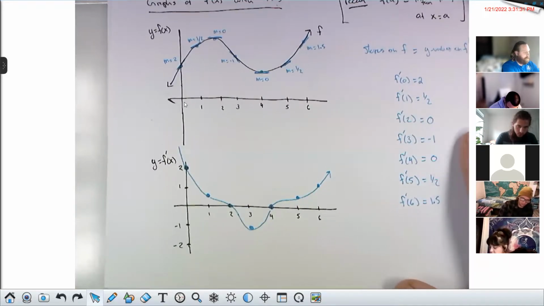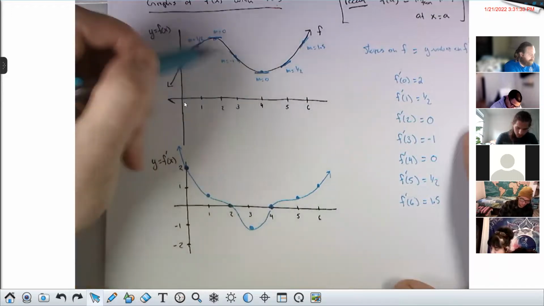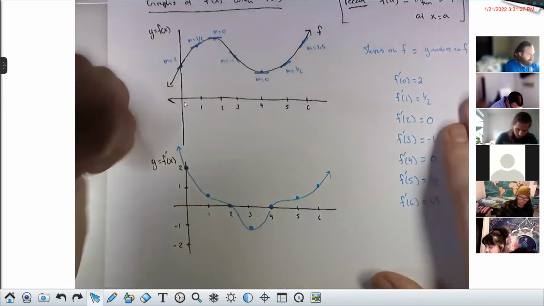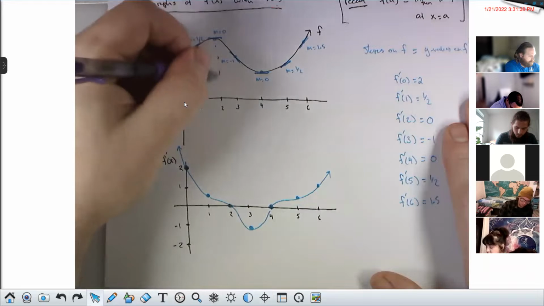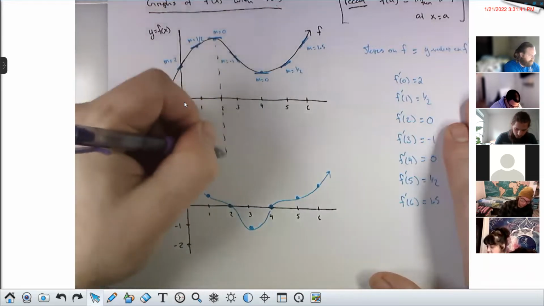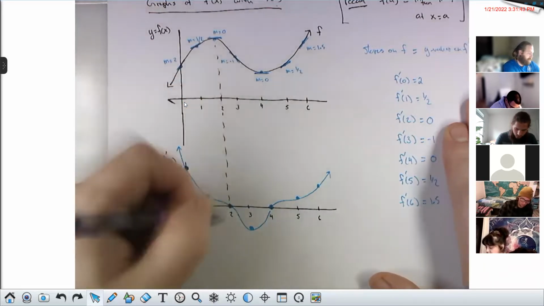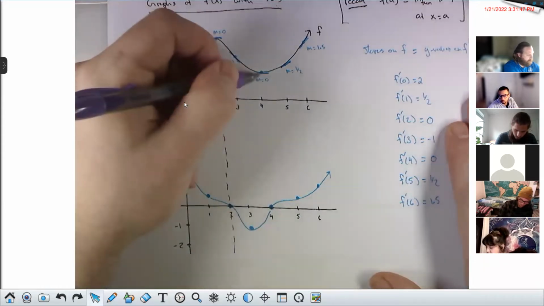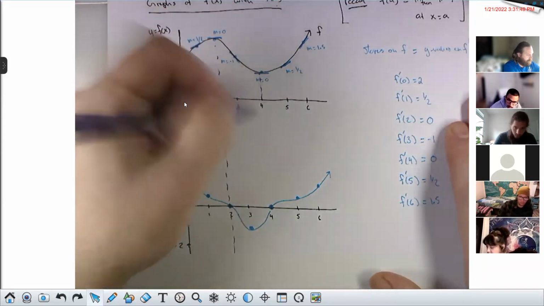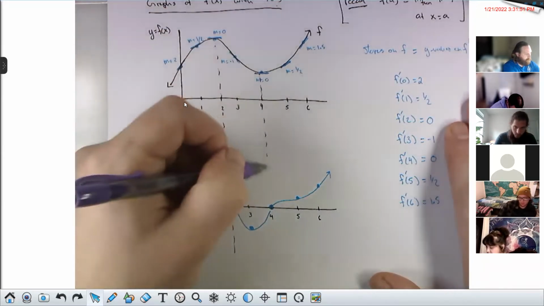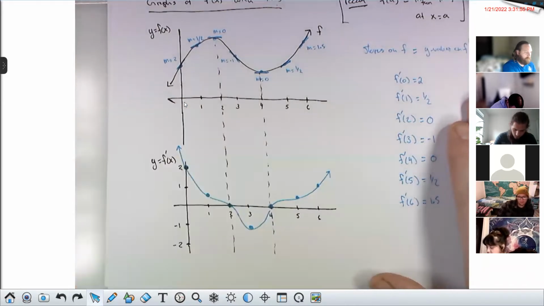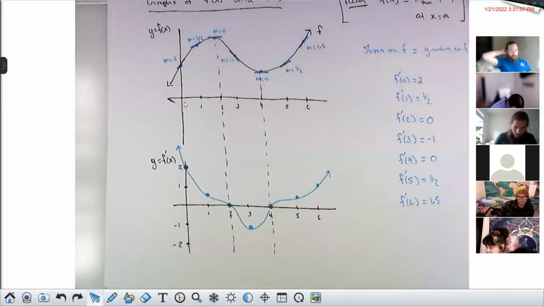And what I'd like you to pay careful attention to are the x-intercepts of the derivative and how those relate to features on the graph of the original.